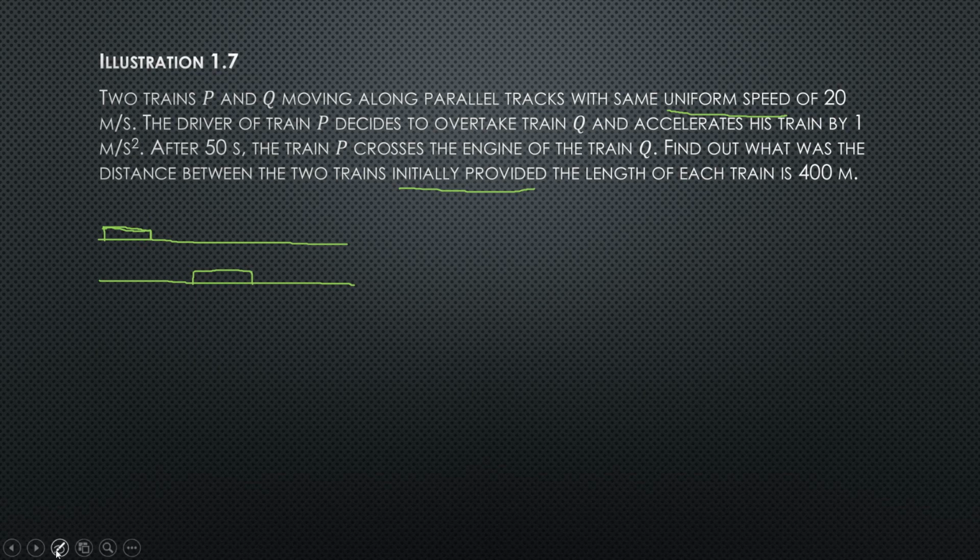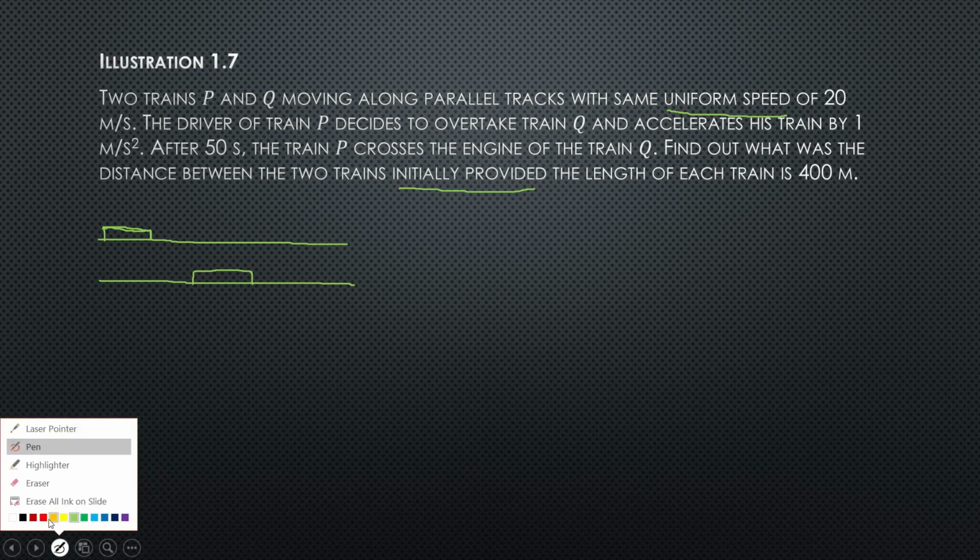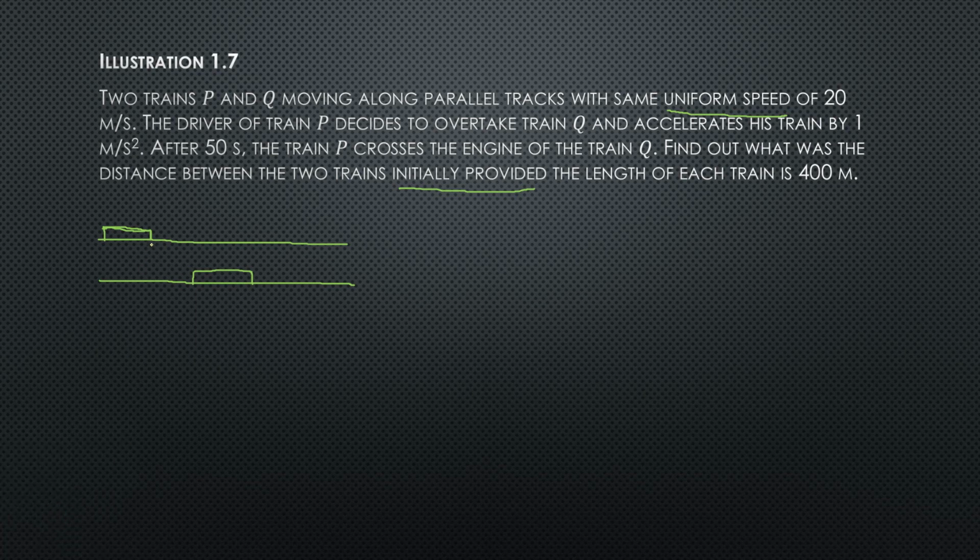Now, initially, they have their distance. Assume their initial distance from each other is x. Now this is train P, and this is train Q. They move at a uniform speed of 20 meters per second, but the driver of P decides to overtake train Q and accelerates the train by 1 meter per second squared.